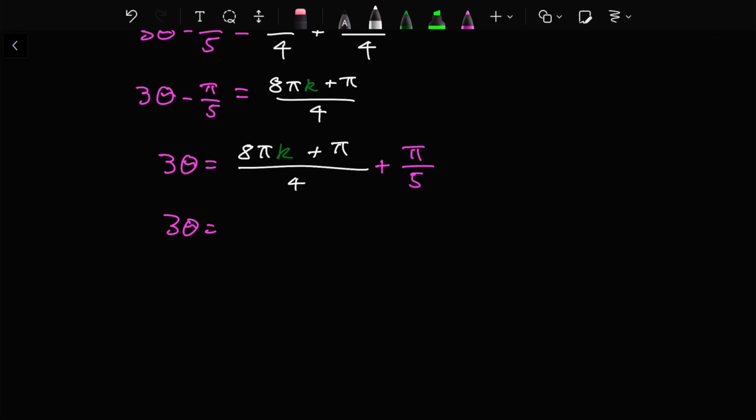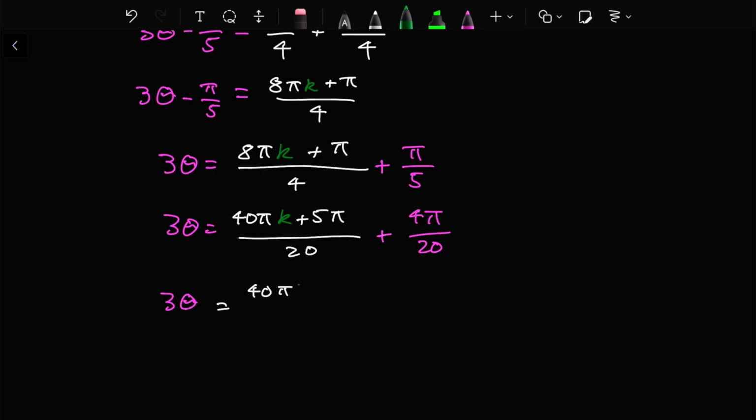Multiply top and bottom by 5, so I'm going to get 40 pi k plus 5 pi over 20 plus 4 pi over 20. So 3 theta is equal to 40 pi k, and then we combine the tops, plus 9 pi over 20.